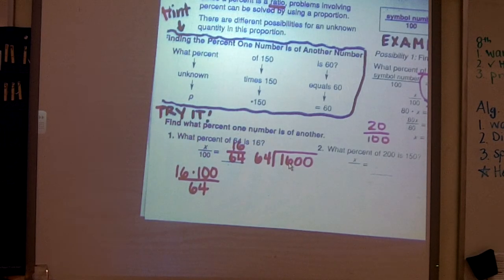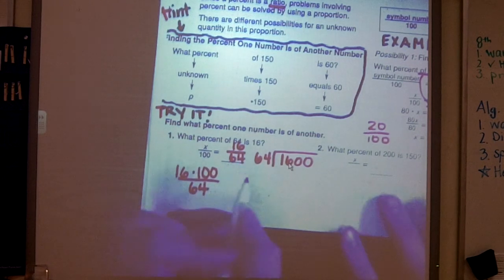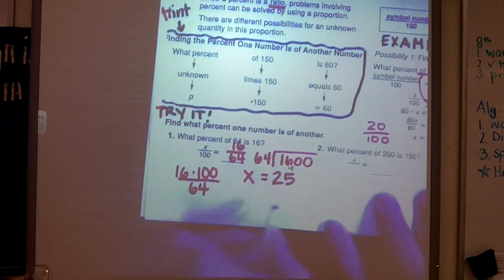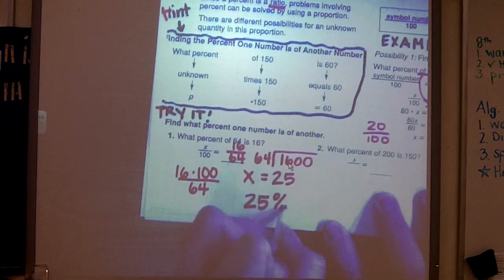Please pause the video while you determine what 1600 divided by 64 is. All right, hopefully you found that x is equal to 25, which in this case is the percent, 25%.